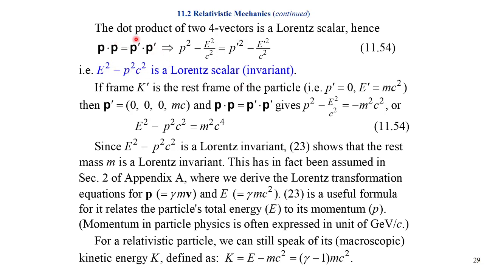Momentum and energy are conserved quantities. But interestingly, E squared minus P squared c squared, where P is the absolute value of momentum, c is the speed of light, and E is the energy of the particle, including the rest energy, gamma mc squared.